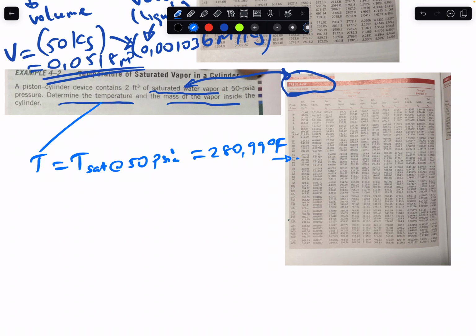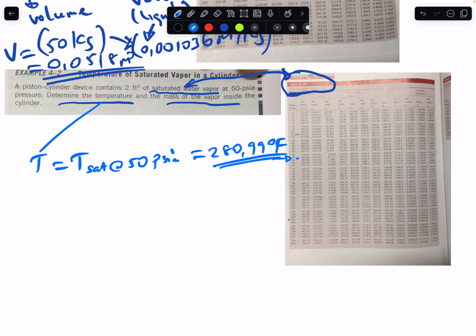So at a pressure of 50 on the property table, I got the temperature of saturated water vapor. So it's quite easy to get the pressure or the temperature from a property table if you are given one variable. Now, I need to solve for the mass of vapor inside the cylinder.